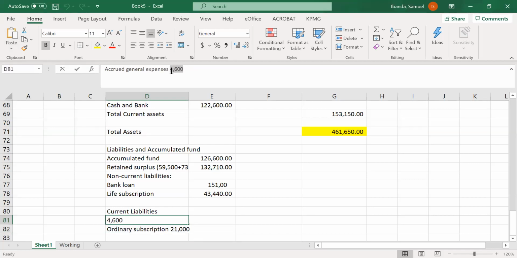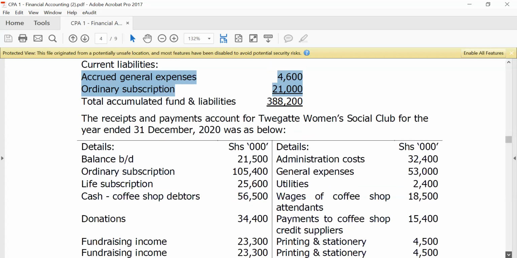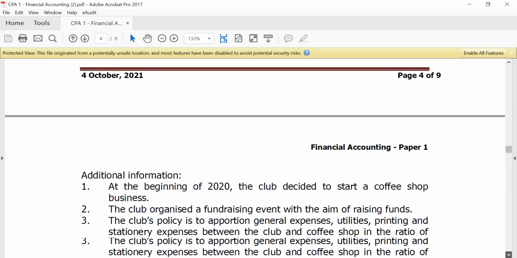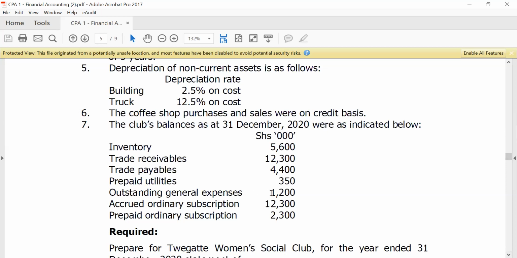My accrued is no longer 600 and my ordinary subscriptions are not the same. So how do I get the new values? I'll move to my closing balances. This is my accrued general expenses, which is outstanding. So 1,200 is outstanding. It's a liability for me.